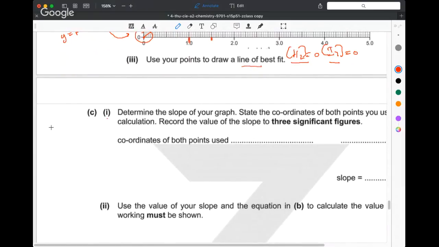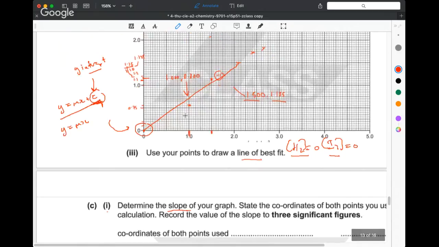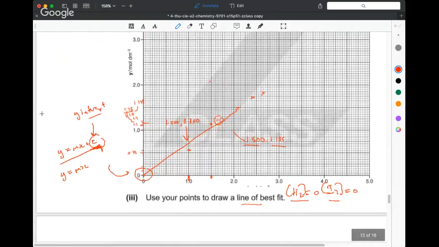Now, you've got to work out the gradient or the slope of your graph. Your trick for doing this is that you've drawn your line of best fit, and you've got to choose 2 points on the line that are widely separated to give you coordinates to calculate the gradient.